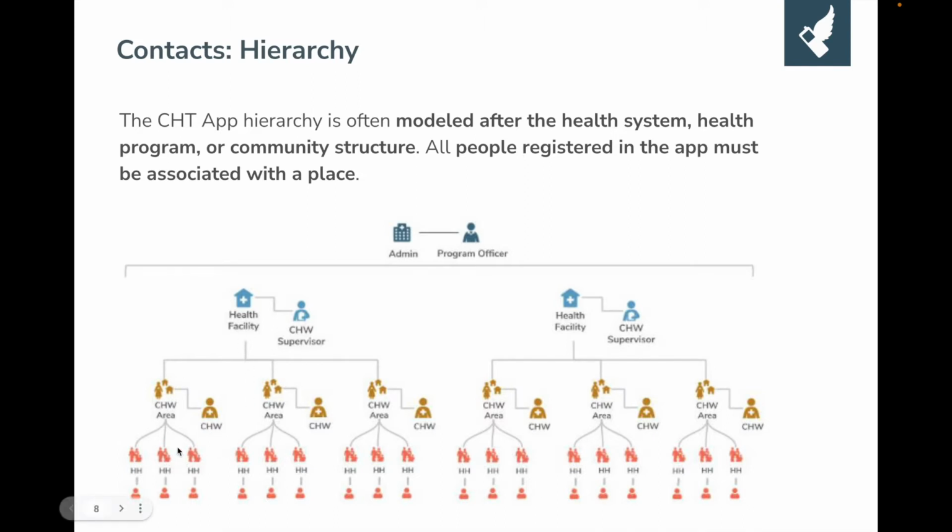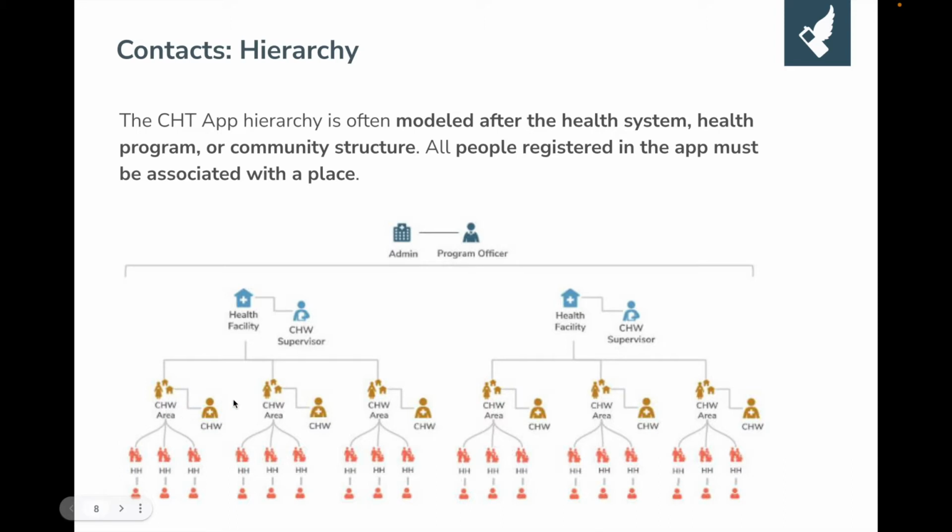who's at this lower level is part of a household, and a household is part of a CHW area that has a CHW as a primary contact. Additional levels could exist above the CHW area.